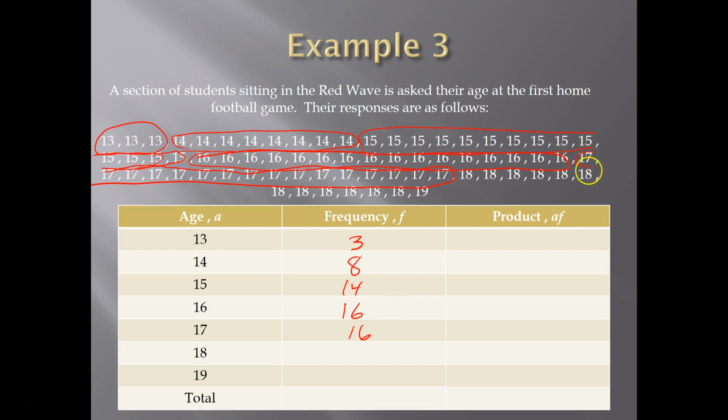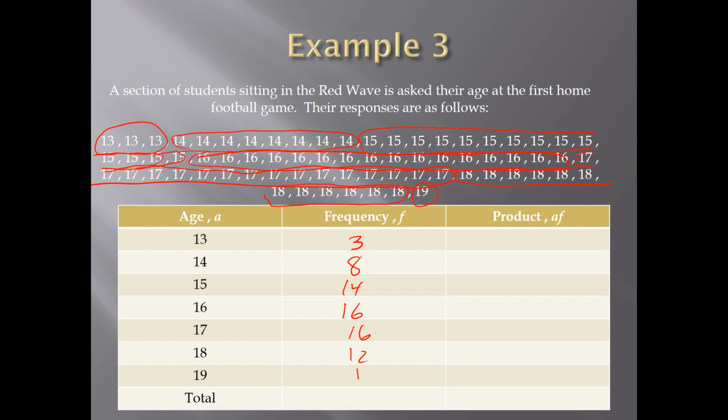Now the 18-year-olds. There are these 6 up here, and those 6 down there, so a total of 12 18-year-olds. And then there's maybe a super senior, or maybe somebody who came back to visit, but there's one 19-year-old. So that's what a frequency is.